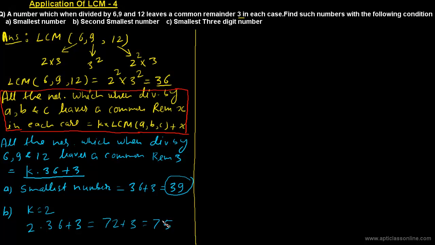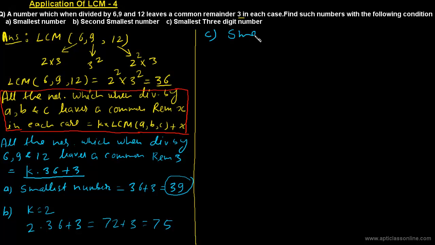So 75 is the second smallest number with this condition. If we have to get any bigger number, we keep on putting larger values of k.